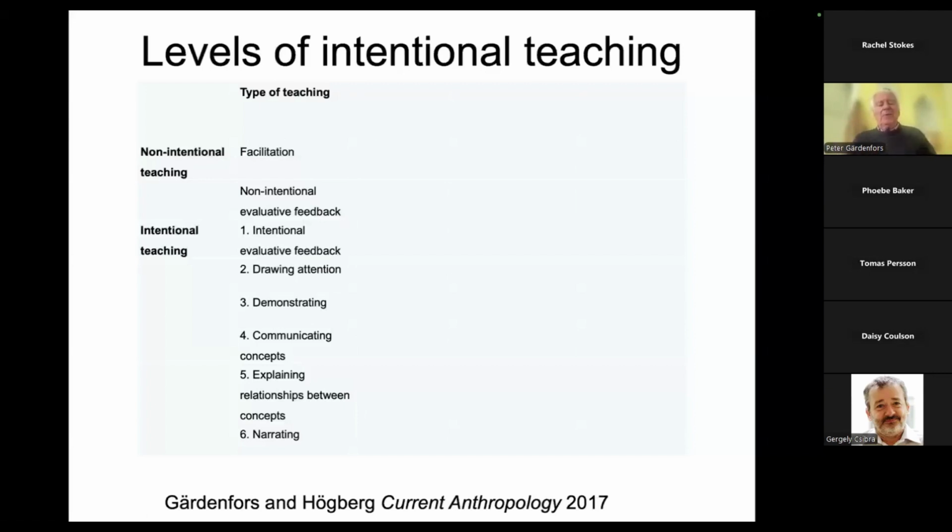I should say first of all that we find the first two stages in non-human animals, and then the rest so far we've only found in the hominins. It's kind of interesting that we don't see any clear cases of demonstration in other animals. There might be, but we haven't found very clear cases so far.